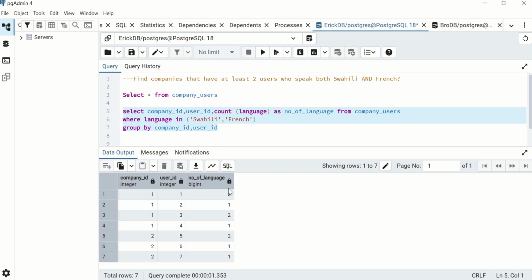For this, we're also going to filter only the people who speak at least 2 languages, so we're going to put having count language greater or equal to 2.